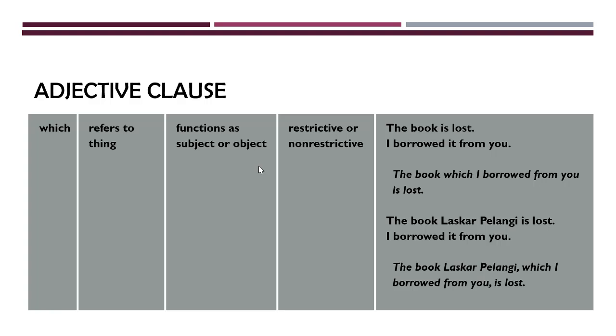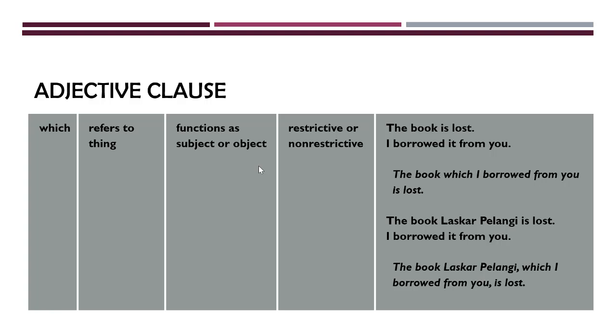Because it is non-human and functions as the object, the relative pronoun that can be used is which. The book which I borrowed from you is lost. Which I borrowed from you is an adjective clause, while the book is lost is the main clause.